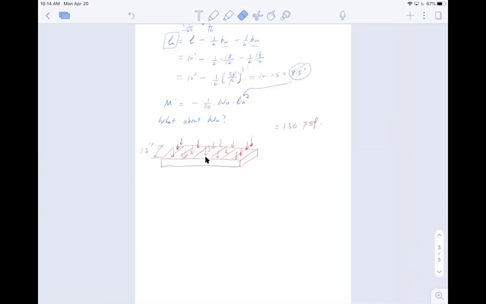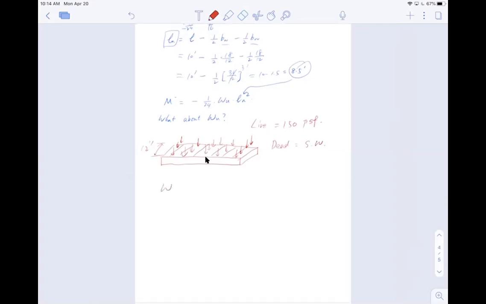I just say this is live load, and I say dead load is the self-weight. I actually need to compute omega u equal to 1.2 omega dead plus 1.6 omega live. So I need to compute dead and live.